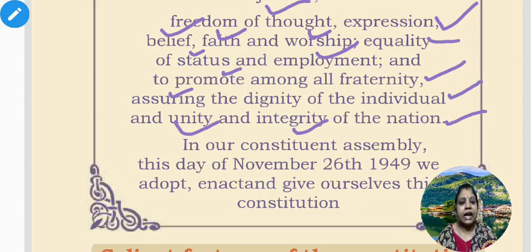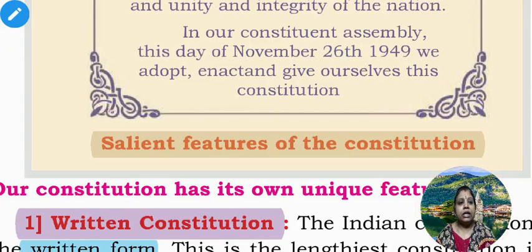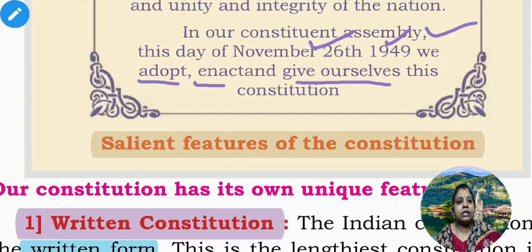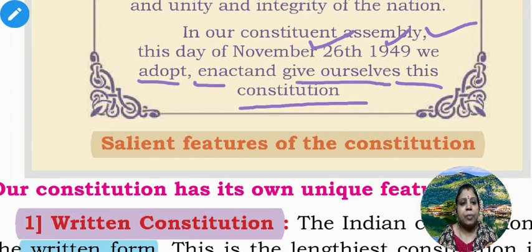Third point, in our Constituent Assembly, this day of November 26, 1949, we enact and give ourselves this Constitution. So these are the points you have to remember under the preamble of the Constitution.